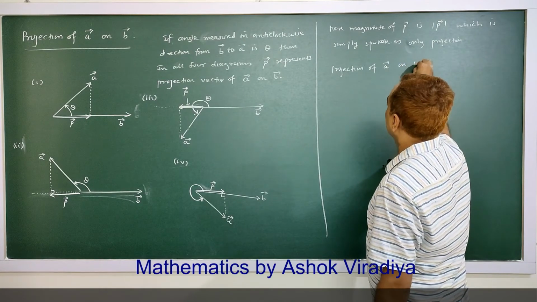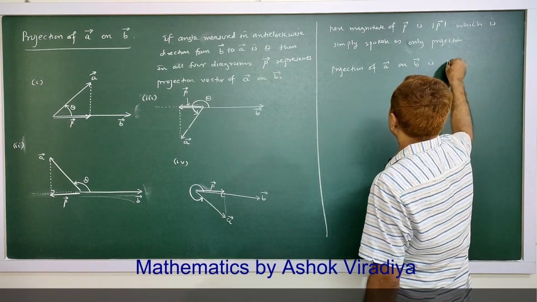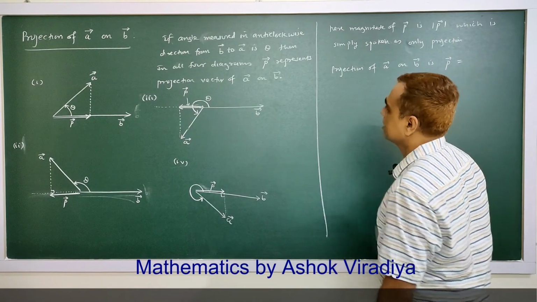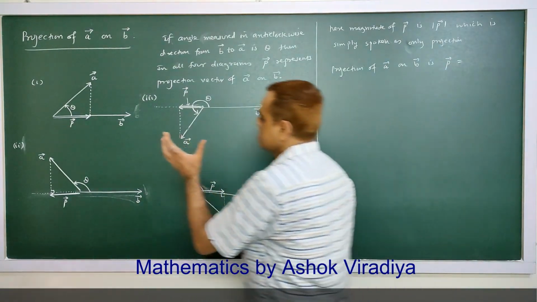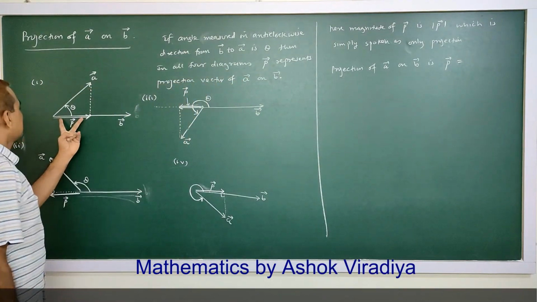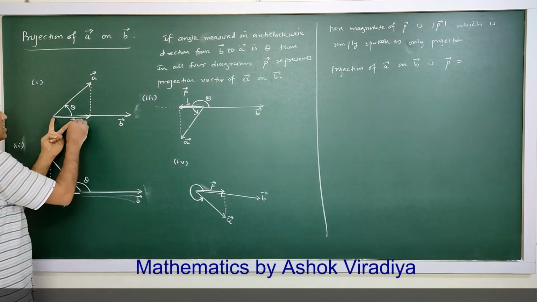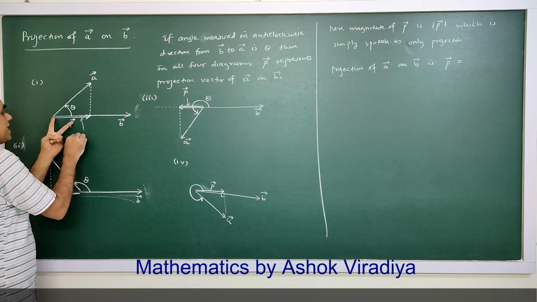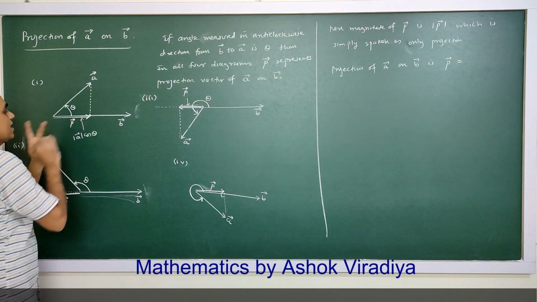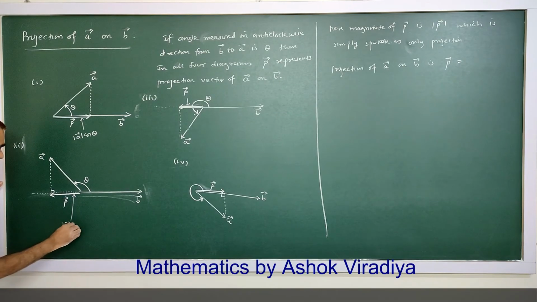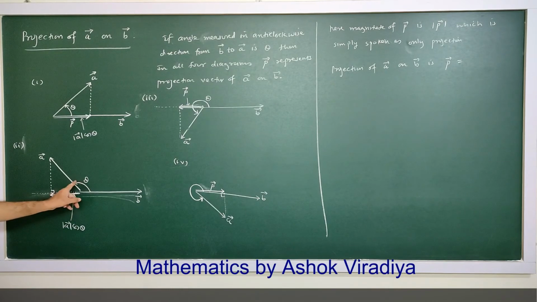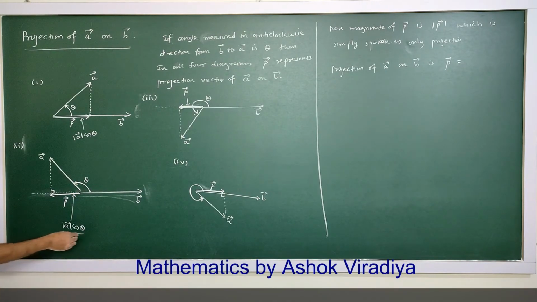Projection of vector A on vector B is equal to, see by this diagram, this length is magnitude A times cos theta. But here theta is in the second quadrant, so this value will be negative.